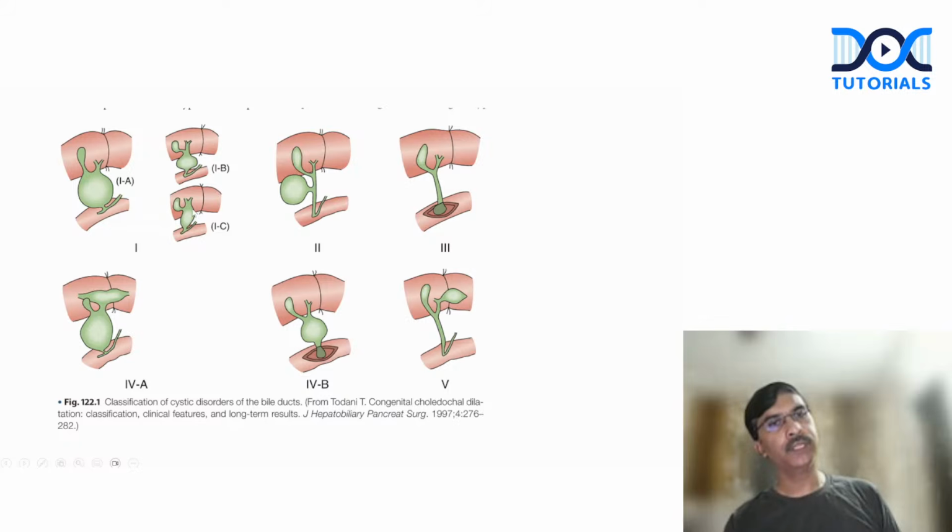There will be a uniform dilatation without any stricture. Whereas in type 4A, there is definitely a stricture at the level of the hilum. It is not a uniform dilatation. If you see here, there is dilatation of the main right duct and main left duct, and after that it is narrowed down.